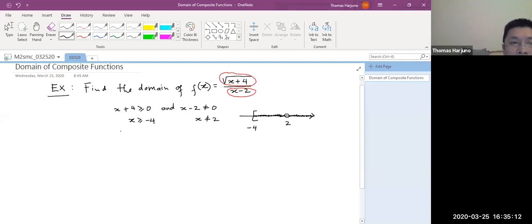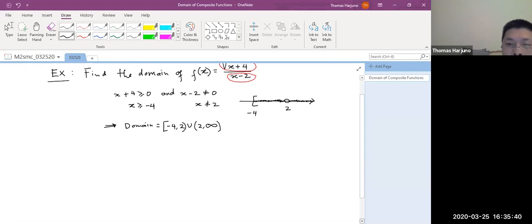Okay, so the solution, therefore, the domain will be -4 up to 2, union 2 to infinity. Now, this one I think is quite easy.